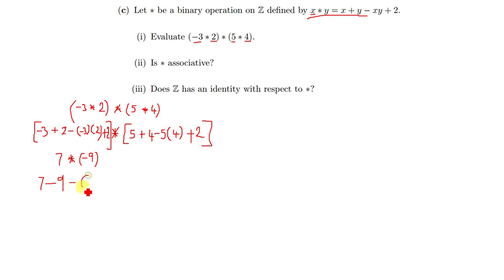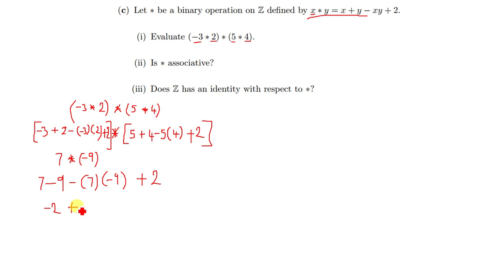So we have something like this: 7 times negative 9, then we have minus, plus 2. So 7 minus 9 will give us negative 2. Then this will be positive 7 times 9.